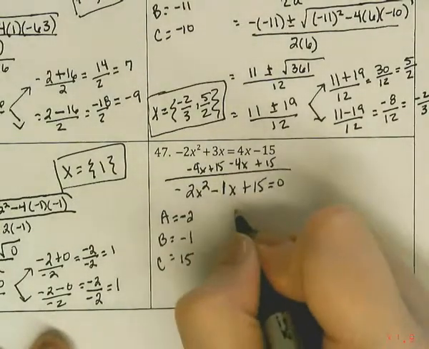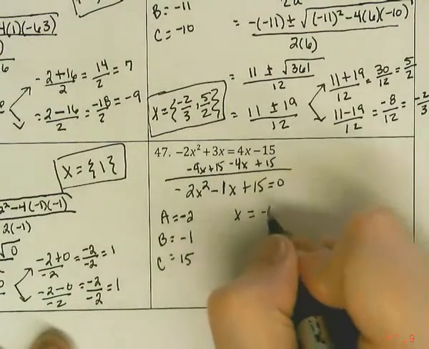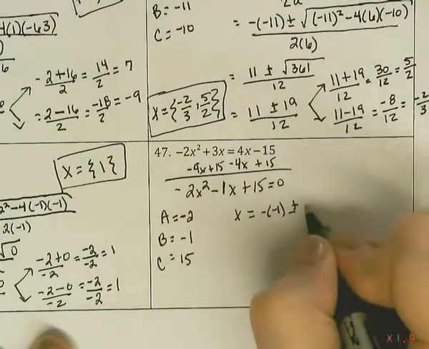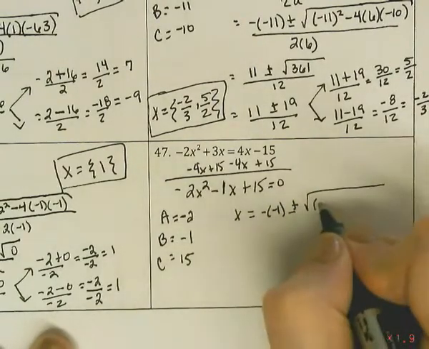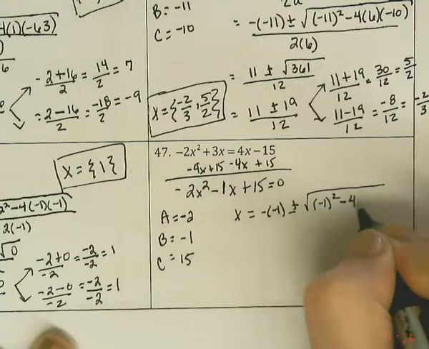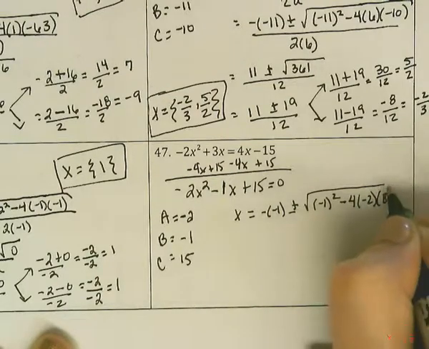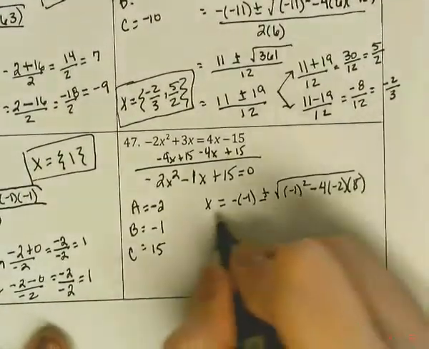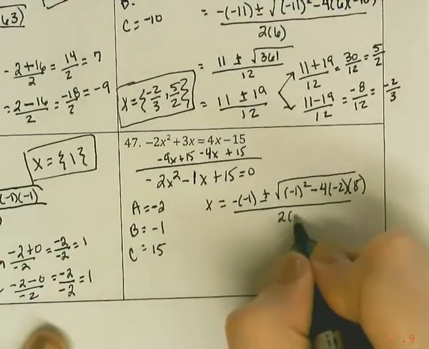So our x equals negative b, negative negative 1, plus or minus the square root of negative 1 squared, minus 4 times a times c, all over 2a.